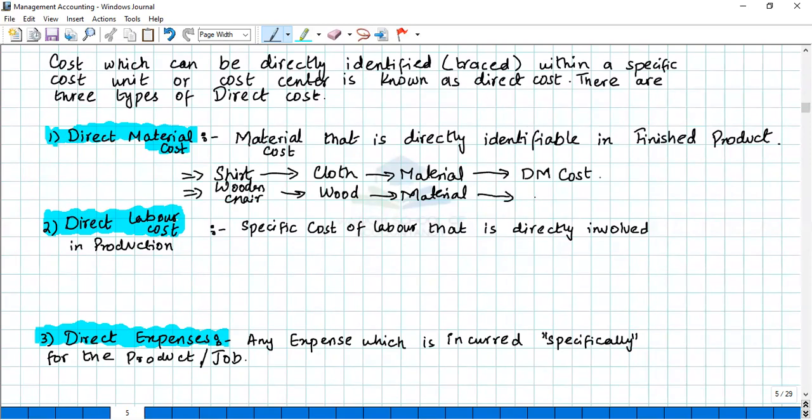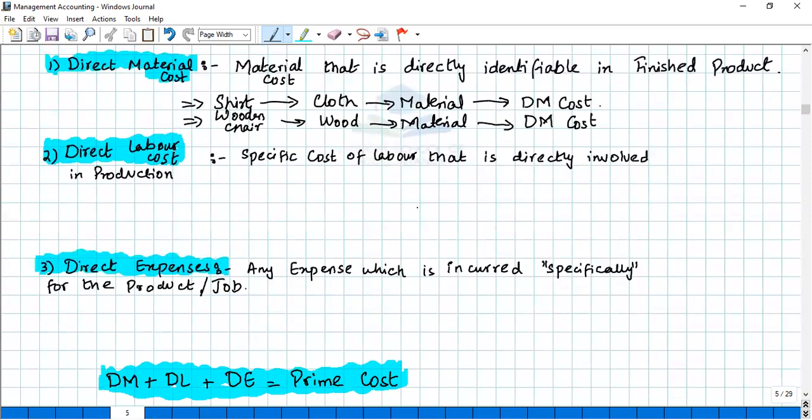So the cost of that wood, the cost of that material, will be your direct material cost. Similarly, there's a plastic chair. It is made up of plastic. Plastic is a direct material, and the cost of that plastic is your direct material cost. So materials that are directly identifiable in the finished unit or product are direct materials, and the cost of that material is a direct material cost.